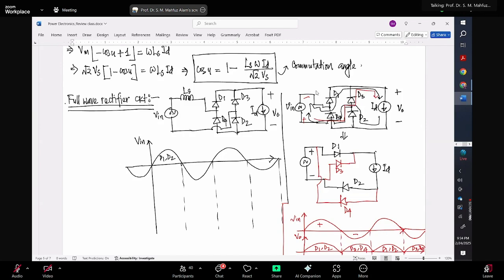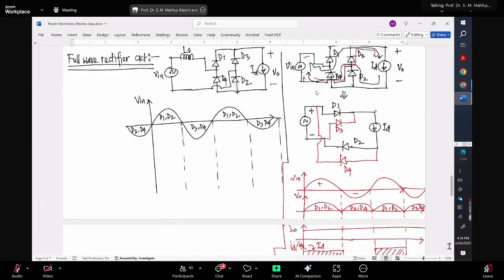D1 and D2 here, then here D3 and D4, again here D1 and D2, and again here D3 and D4. And before that also D3 and D4 should operate in this region, right? Is there any confusion regarding this so far?